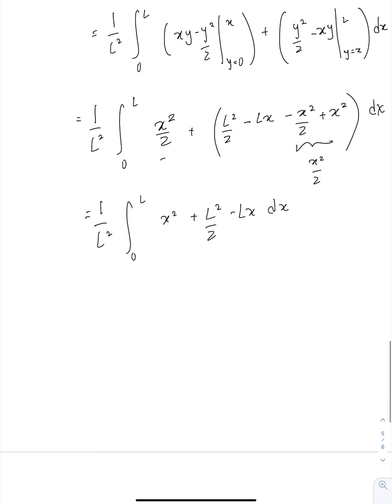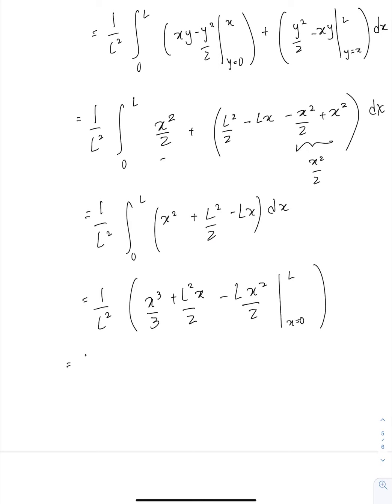And now you can just quickly do this integral, just a simple one. So I just plugged in x equals L and I have this.